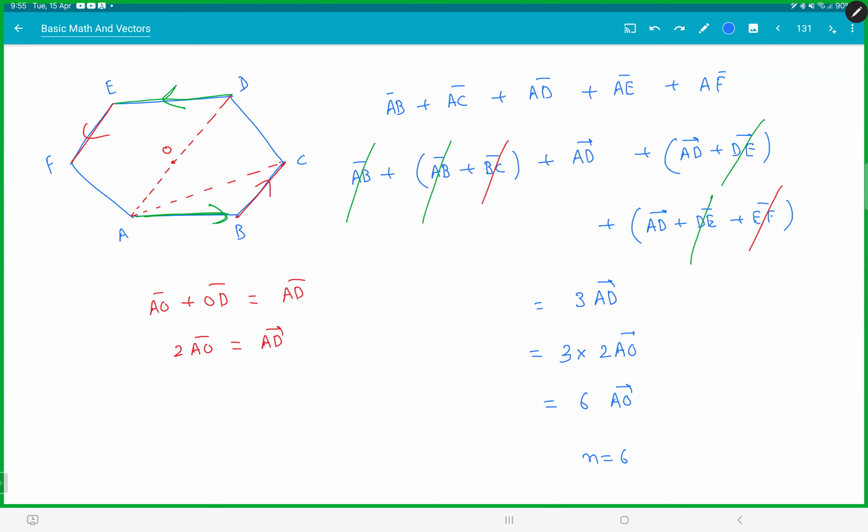So you wanted to find AB, AC, AD, AF. So AB, let it be like that. AC can be written as AB plus BC. AD, I will leave it like that. AE is nothing but you want to go from A to E. I can go round, but why do that? I can go just A to D and D to E. You want to go from A to F, you can go from A to D, D to E, and E to F. And there, AB and DE will cancel. BC and DF will cancel. You are just left with 3 AD.